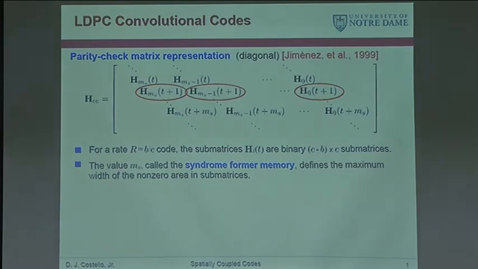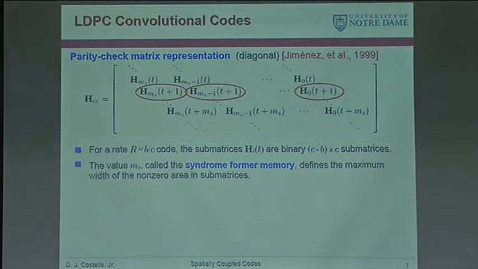Now remember, when we talked about convolutional codes, we talked about the memory. That was with respect to the generator sequences or the generator polynomials of the code, the way we encode the code. Here we're talking about defining the code in terms of the parity check matrix. This is a very similar concept, the syndrome former memory. We talked in the block code section about forming syndromes. You can do the same thing with the convolutional code: you can take the received sequence, multiply it by the transpose of this matrix, and you get a syndrome.